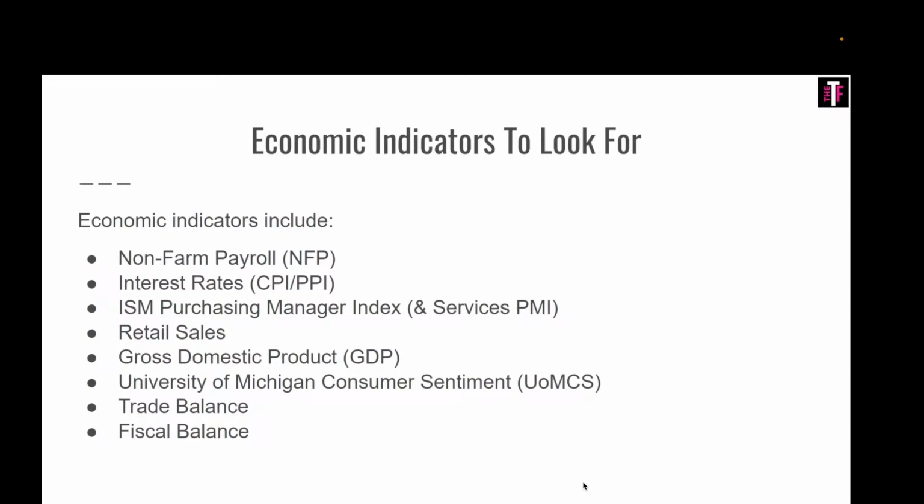Then another big boy, gross domestic product, which can be very impactful depending on what stage you're at, and I'll go over that soon. There are multiple stages for GDP. And then we have the University of Michigan's consumer sentiment. It's a mouthful, but that basically gives us an idea of consumer sentiment, as it says. And as for the final two, we have trade balance and fiscal balance.